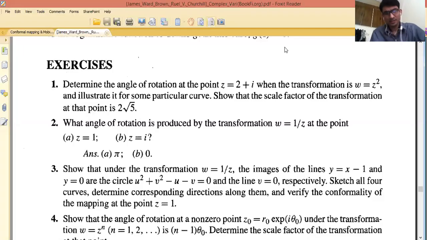Is the image a circle, a straight line, a parabola, or a cardioid? w equals 2z plus z square, so w plus 1 equals z plus 1 whole square.